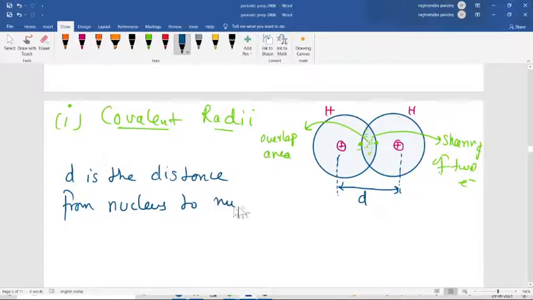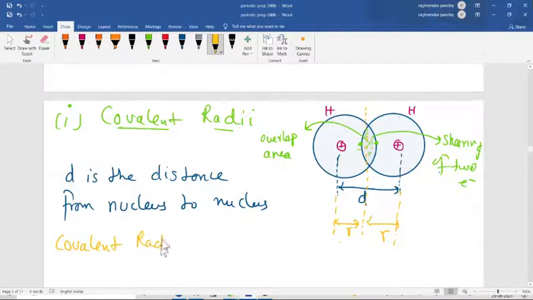And what is the radius? This one is the radius R, and this is radius R. So the covalent radius is equal to D by 2. That is simple.